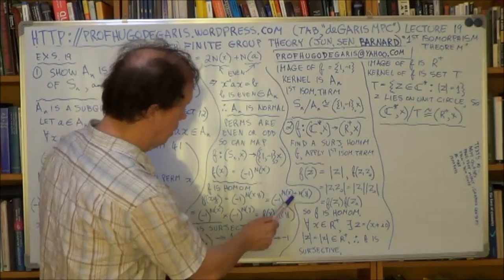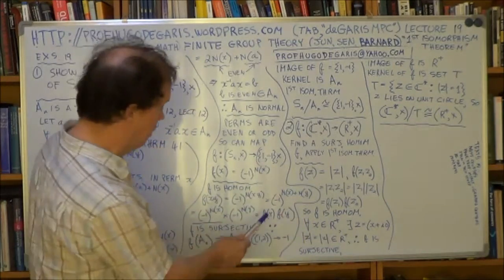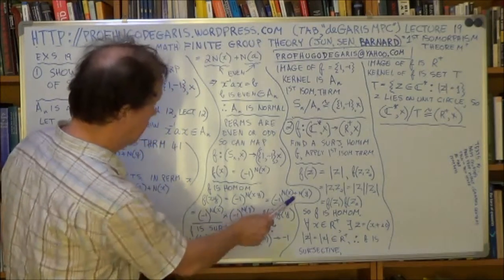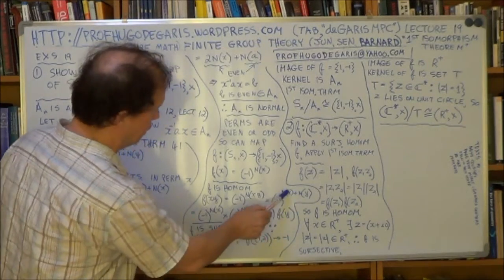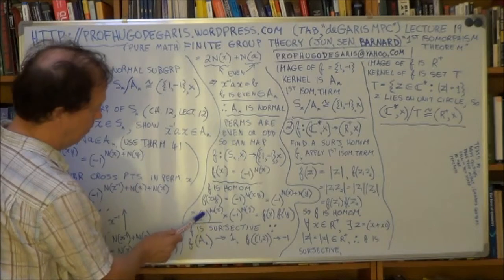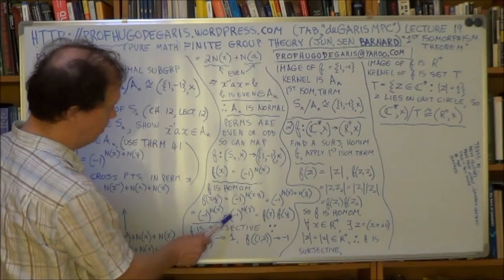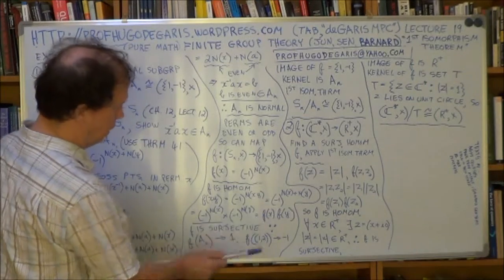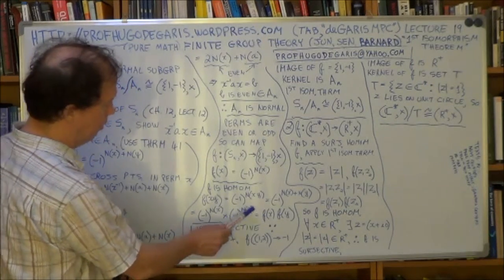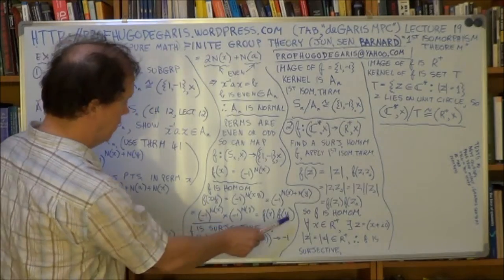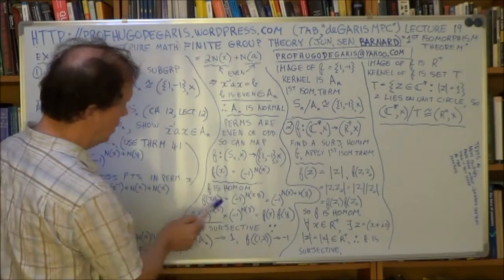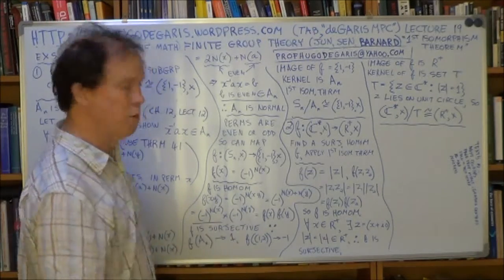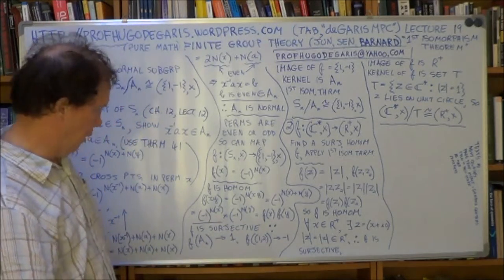These are just in the exponent of a power of -1, so we can split it up into -1 to the nx times -1 to the ny. But -1 to the nx is just f of x, and -1 to the ny is just f of y. So f of xy equals f of x times f of y. So f is homomorphic, and we have proved it.